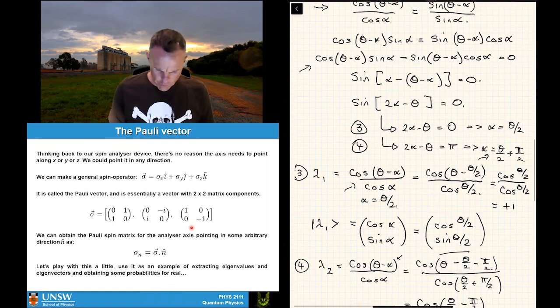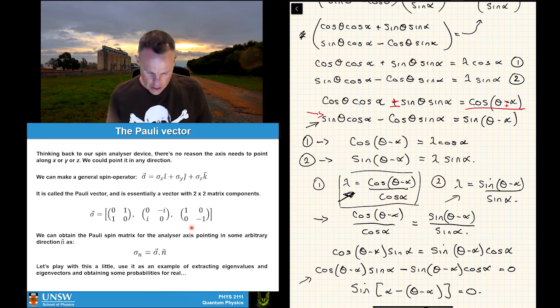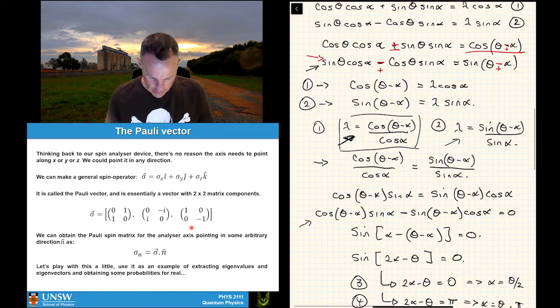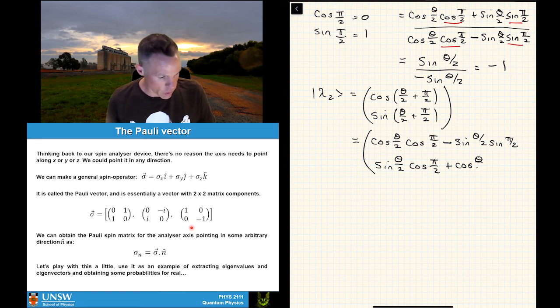And then for the bottom one, we've got to come back and use this second term just here. And we know that if we got a minus sign on this side, we get a minus sign over here. And if we've got a plus sign in here, we get a plus sign in here. Okay, so if we come back down to here, we get, let's just change color, sine theta on 2 cos pi on 2 plus cos theta on 2 sine pi on 2.